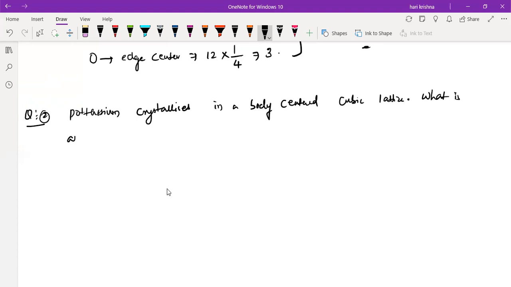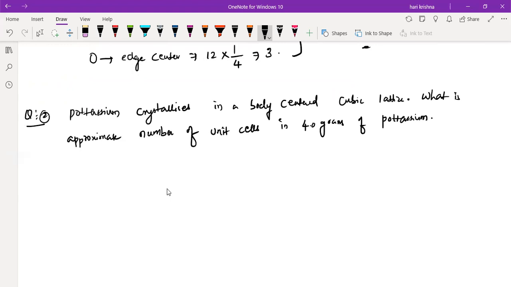The atomic mass of potassium is 39. Tell me the answer.